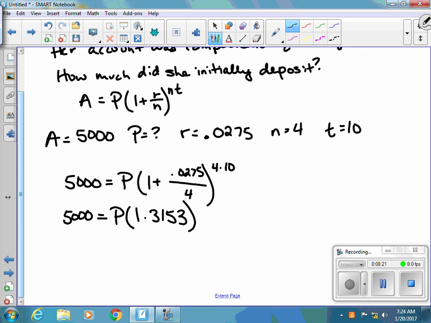So looking at this, all I did was simplify my parenthesis and I took it to the power of 40. I'm now going to divide that 5,000 by that 1.3153. And P equals $3,801.44 approximately.